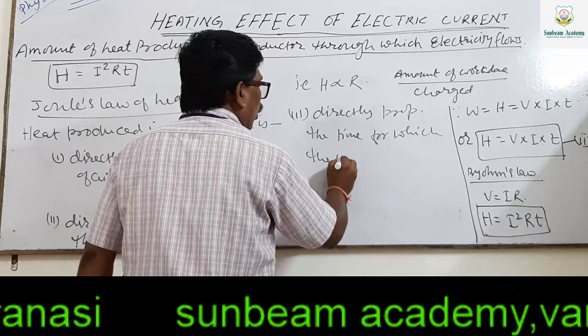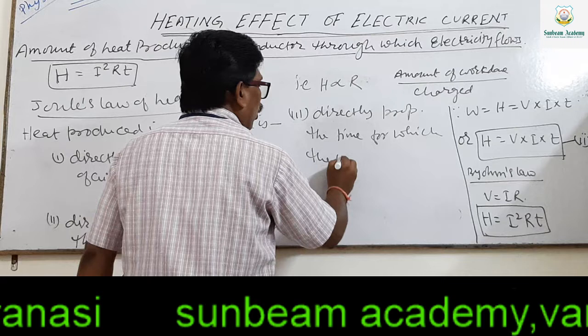That is, H is proportional to T. So this is the first equation of Joule's law, this is the second equation of Joule's law, and this is the third equation.